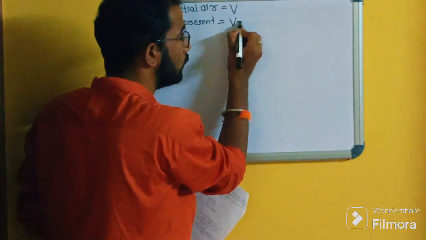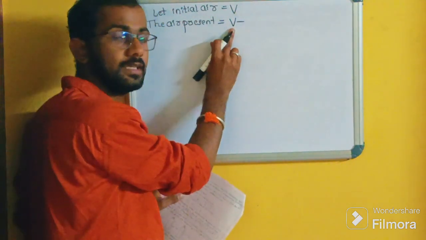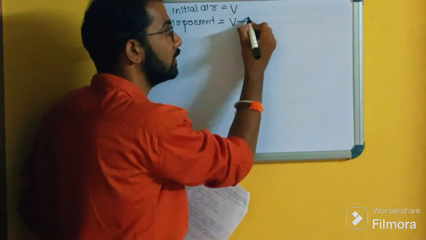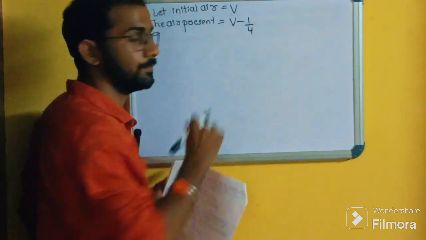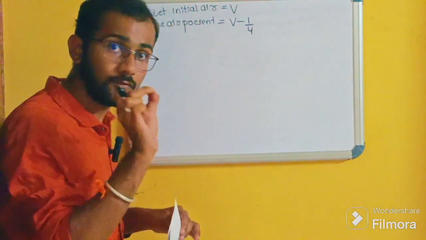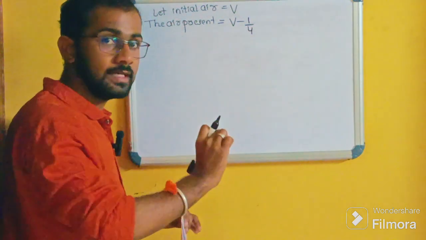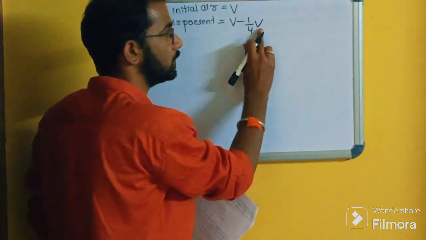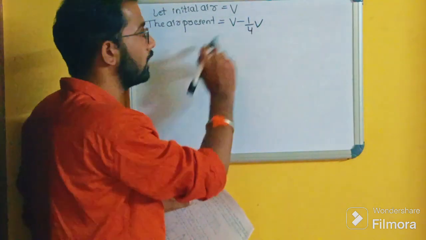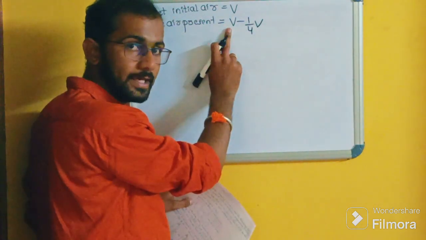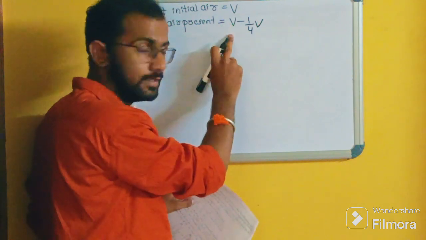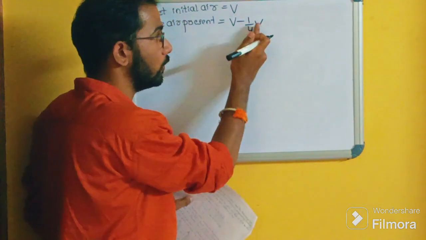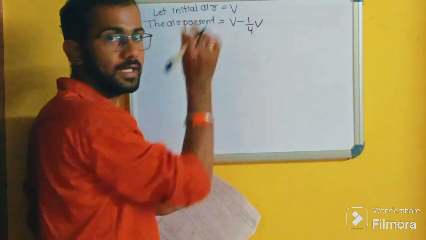This is the total air present in the cylinder, and from this air we need to remove 1/4 of the remaining air. So this is the first air, which means we need to multiply. V is the total air present in the cylinder, and from that total air we have to remove 1/4 of that particular air.